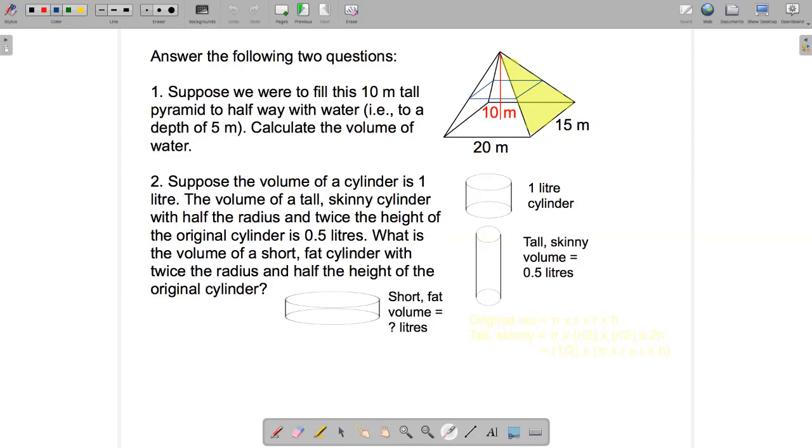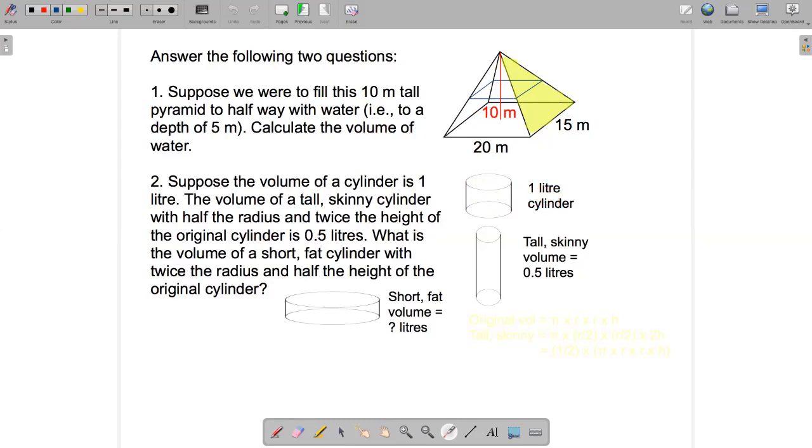Okay, second question. Let's suppose the volume of a cylinder is 1 liter. I've drawn a picture of it over here. Here's my 1 liter cylinder. I'm not going to tell you the height or the radius of that cylinder. I'm just going to tell you that its volume is 1 liter.